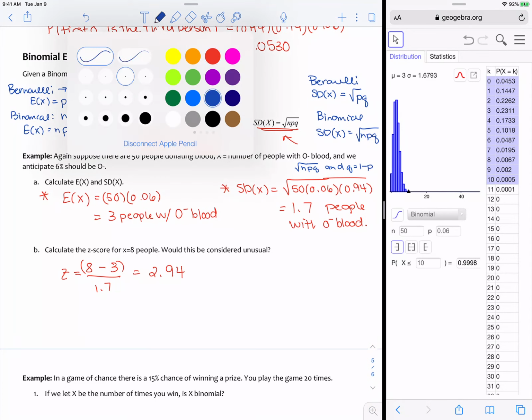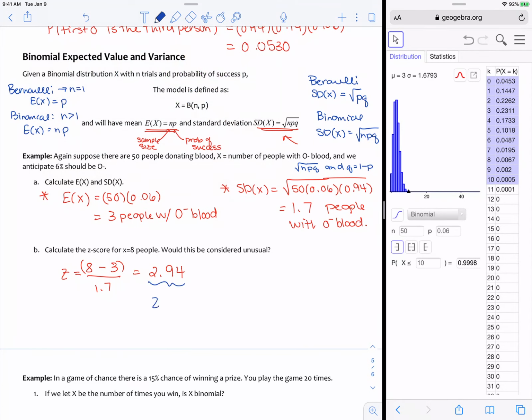So always round z-scores to 2 places. And the other thing to remember is these have no units. This is number of standard deviations from the mean, or in this case, expected value.